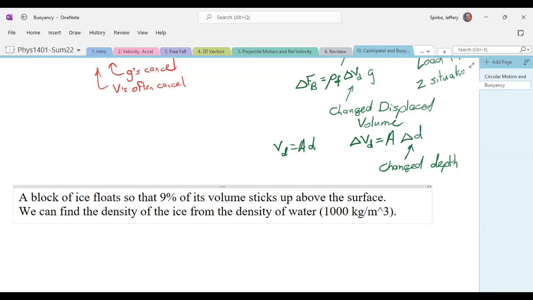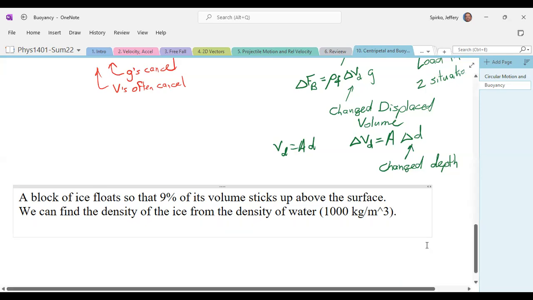This is about 2 cubic meters. If this was a fish tank, the size of this desk, it would be 2,000 kilograms, which is 2 tons, 2 metric tons. Metric tons are close to imperial tons. So anyway, we now have all the information we need to think about the density of that ice.